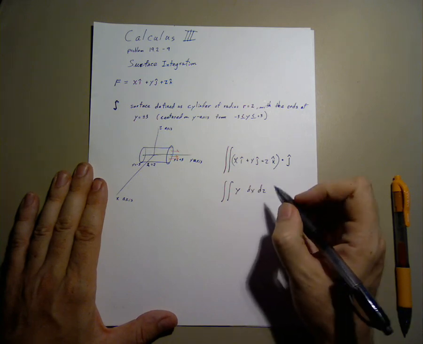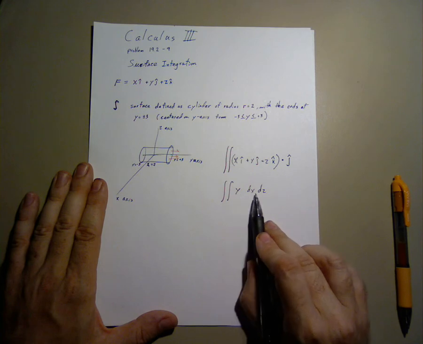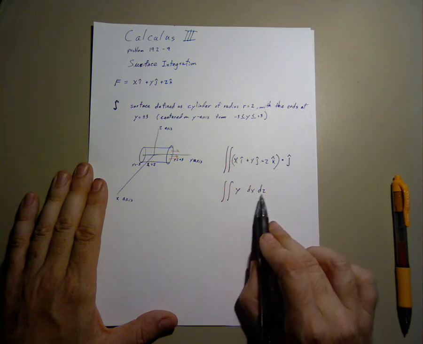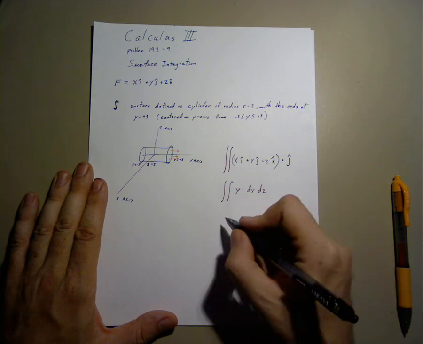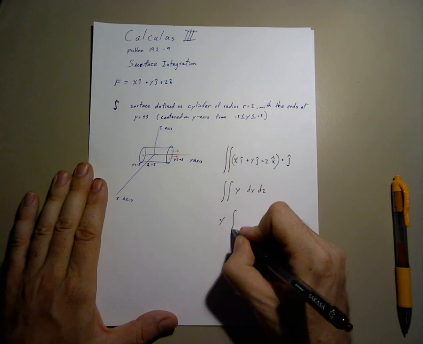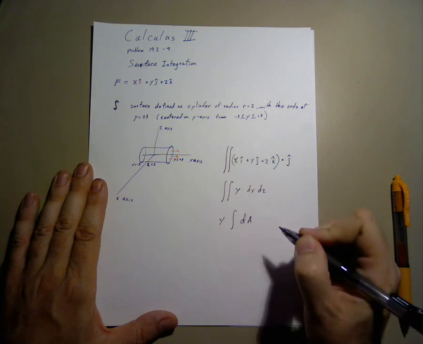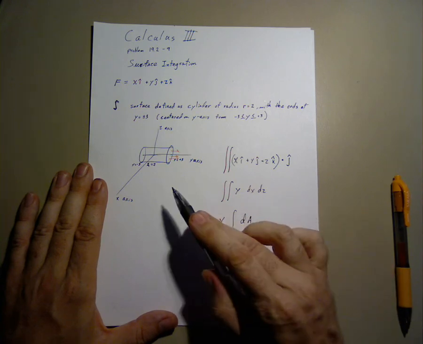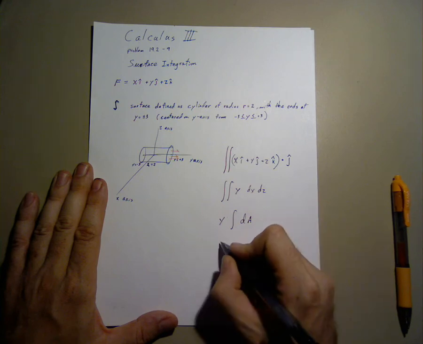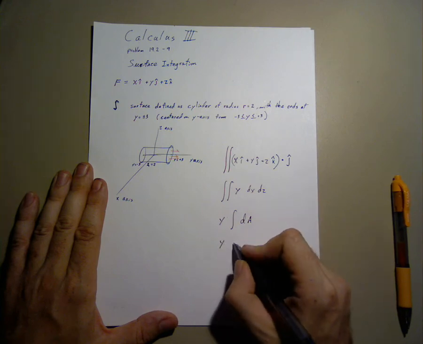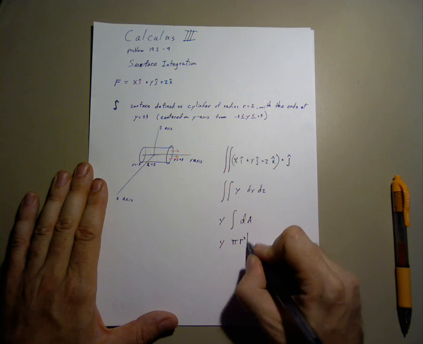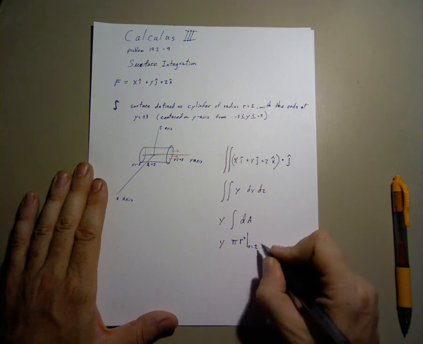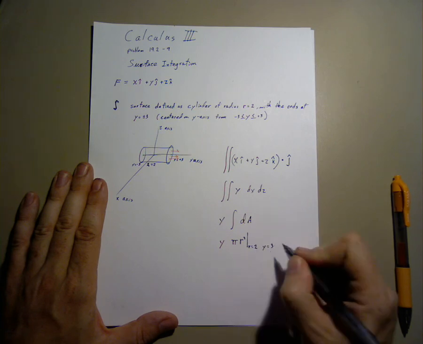At this point, since our variable and our variables of integration are different, we can simply evaluate this as y dA, where the area is going to be y times pi r squared, r equals 2, y equals 3.